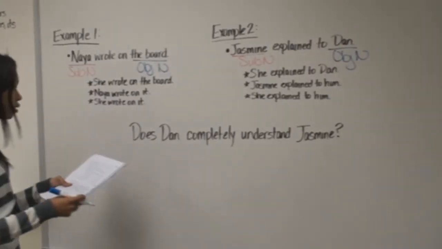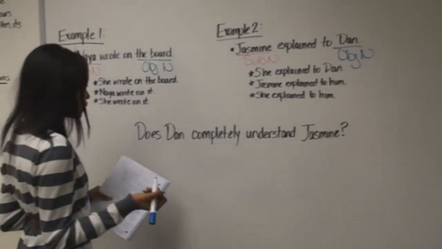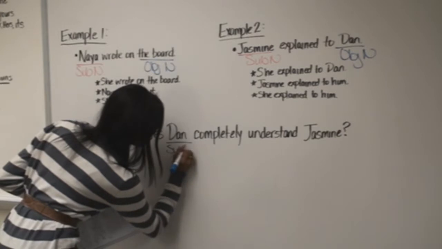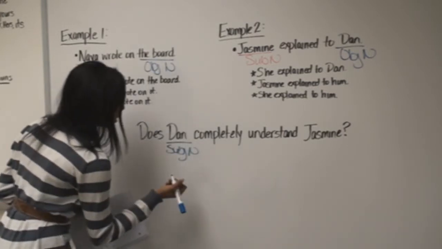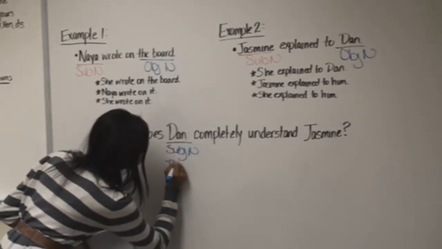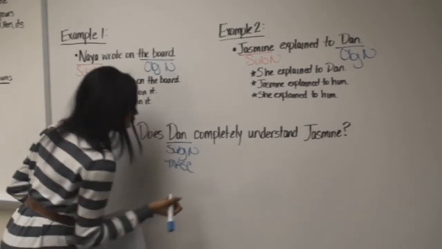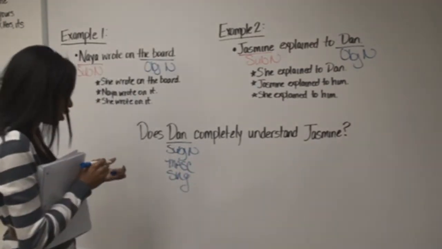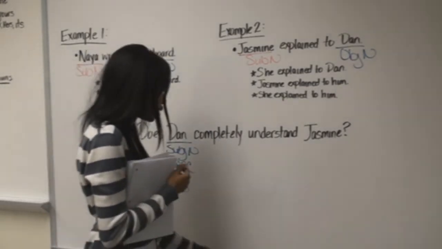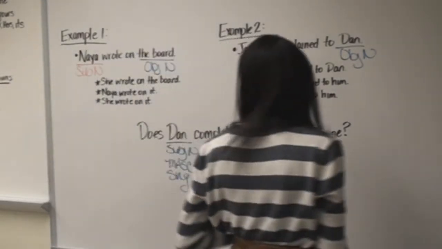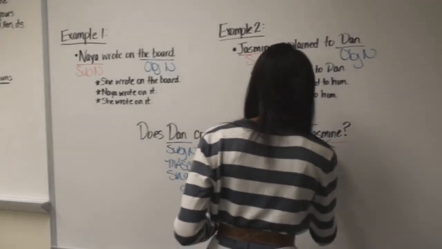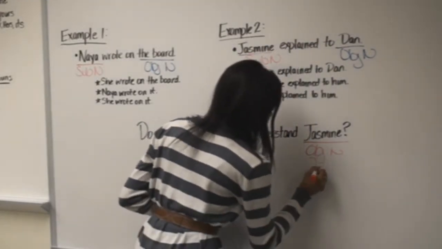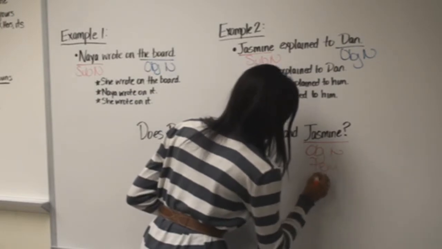So in this sentence, does Dan completely understand Jasmine? We're going to underline the subject noun, Dan, which would be masculine, and it's singular. And then over here, we're going to do the same for Jasmine, which is an object noun, is feminine, and it's also singular.